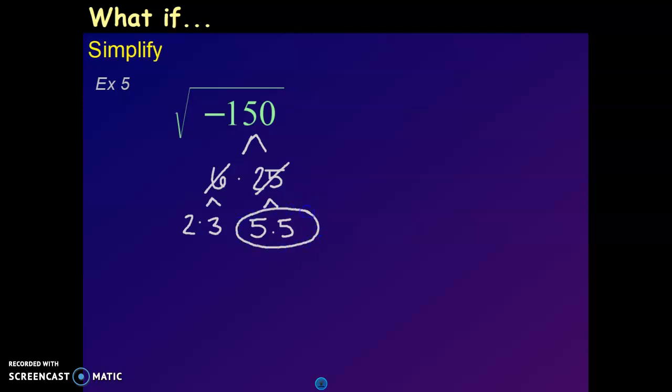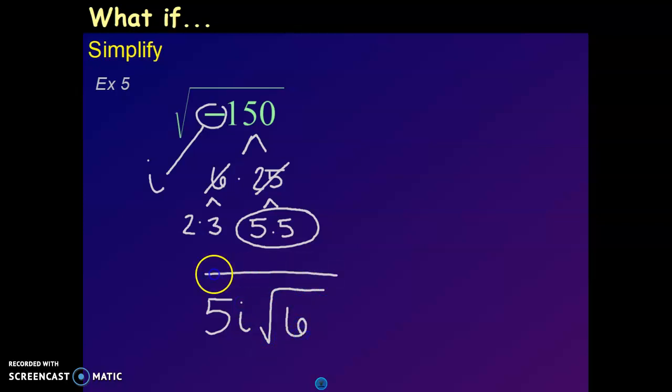So the only pair we have was this pair of 5s. Again, because it was negative is why we'd have to use an i. So hopefully you tried this before me when the video was paused, and you got 5i. And then inside the square root, you still had 2 times 3, so you still have a 6 on the inside. Awesome.